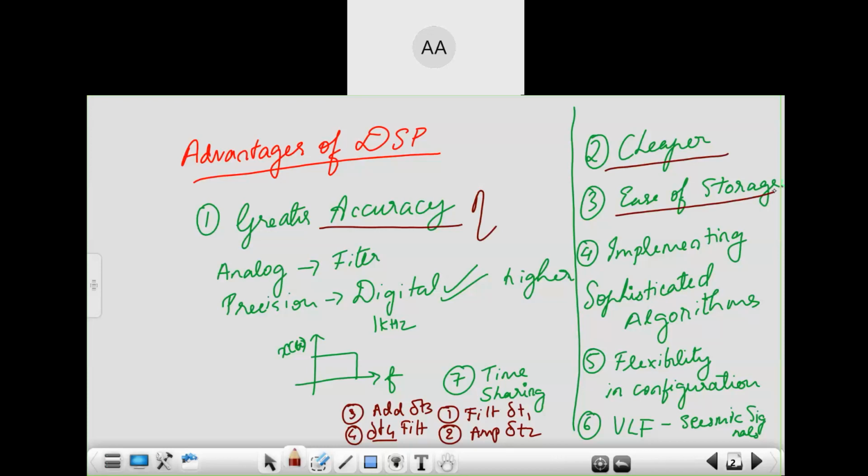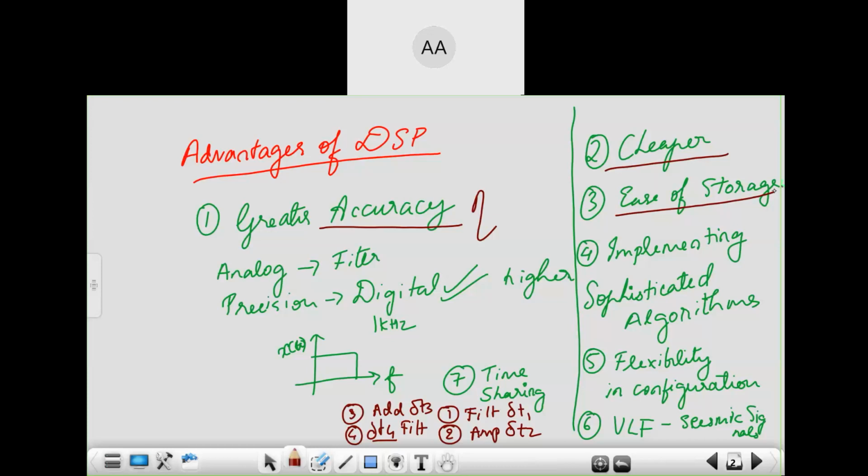Even complicated algorithms that you see today, in your neural networks or artificial intelligence, if you're familiar with Python, there are options to interface your Python code with your DSP processor. Why is that option given?